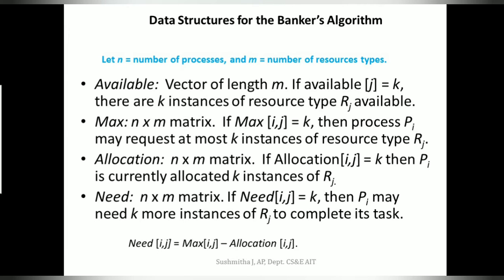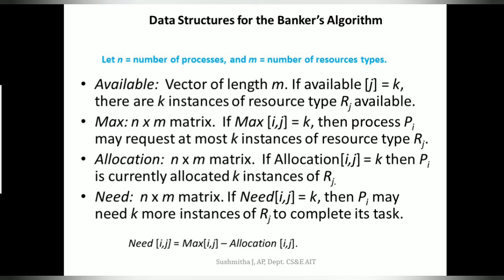Now let us see the data structure of the banker's algorithm. What are the variables used in the algorithm? Let us say that there are n number of processes and m number of resource types, that is P1, P2, P3 to Pn processes, and R1, R2, R3 to Rm resource types.